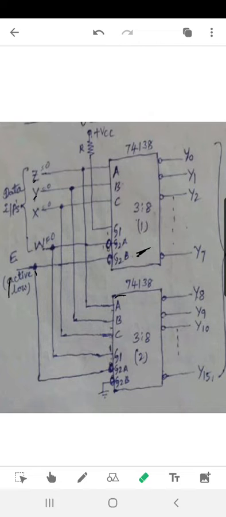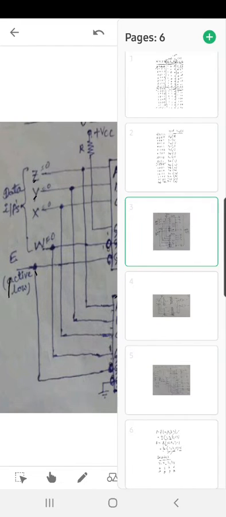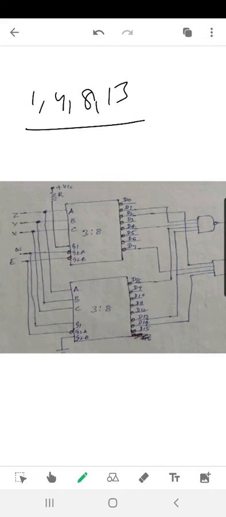Okay, and to implement this, we will implement our given function with the help of this diagram like this. See, for function P, pin number 1, pin number 4, pin number 8 and pin number 13 were required from the output side.